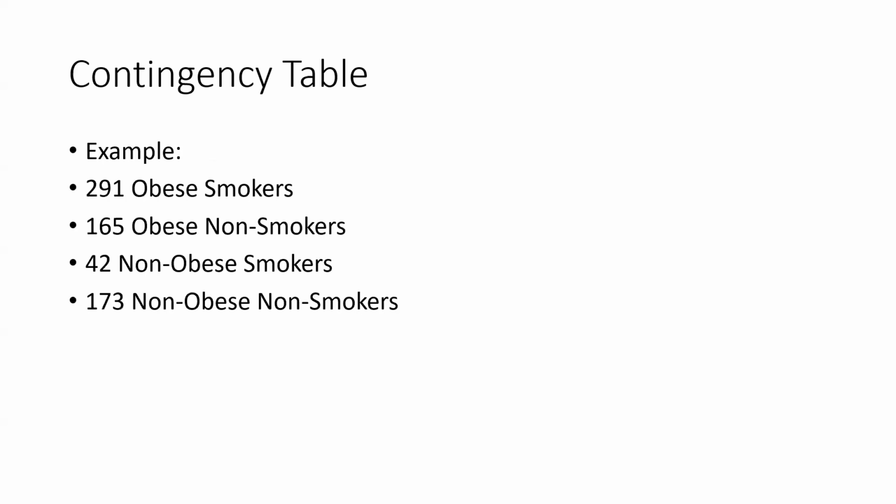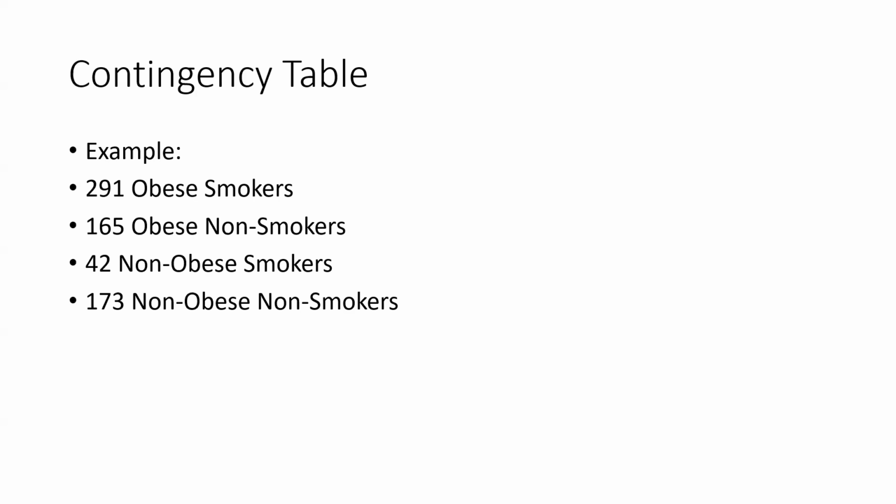We're going to do an example contingency table to hopefully illustrate this terminology. In this example, we have 291 obese smokers, 165 obese non-smokers, 42 non-obese smokers, and 173 non-obese non-smokers.